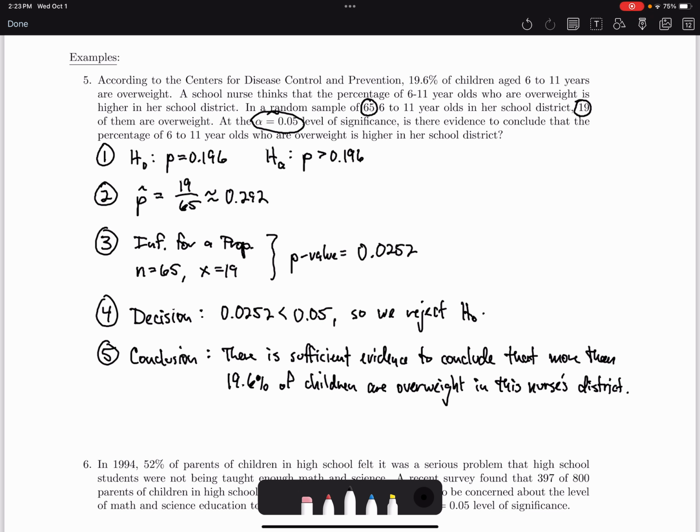Okay, and so that's how a hypothesis test goes, right?